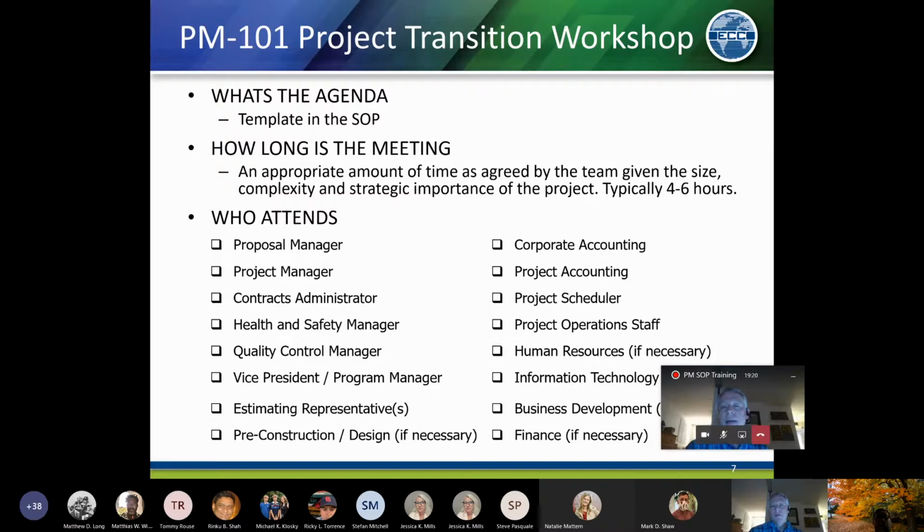And again, the goal is to right size the attendee list based on the project that you're kicking off. And that attendee list is usually developed in the pre-transition teleconference.